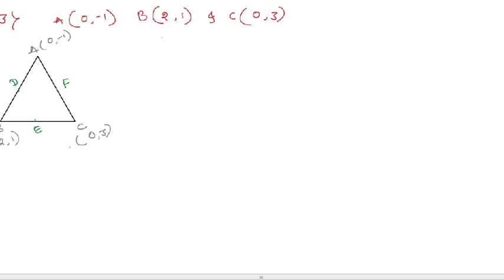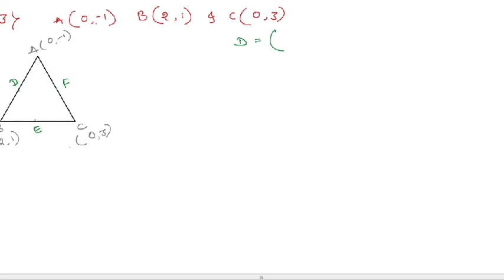How to find the coordinates of D, E and F by using the midpoint formula? I will find coordinates of D. What is the formula? x1 plus x2 by 2.